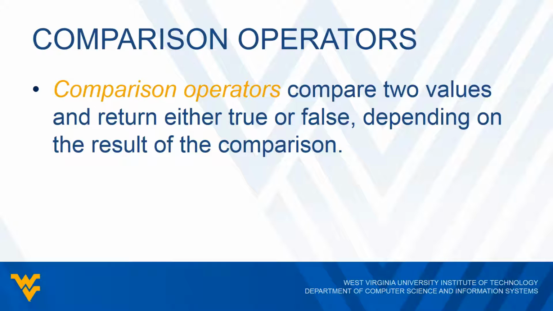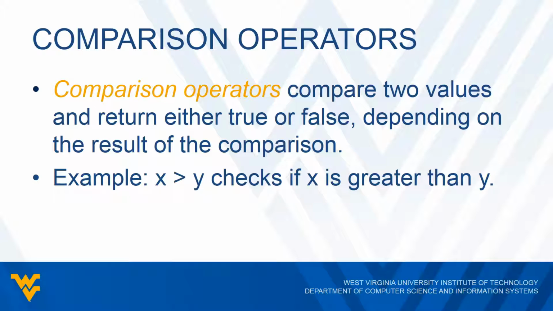It just depends on the operator that we use and the result of the comparison. So when we use the greater than comparison operator, here we have x greater than y, this is going to check if the value of x is greater than the value of y. If so, this is going to be true, and if it's not the case, it's going to return false.